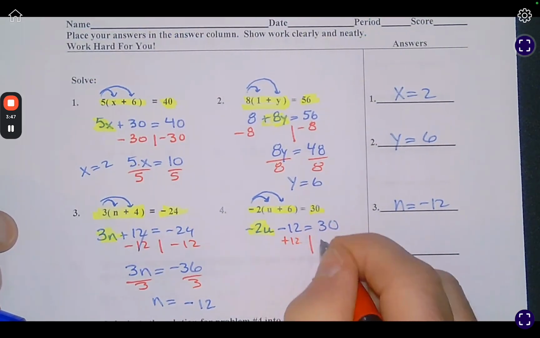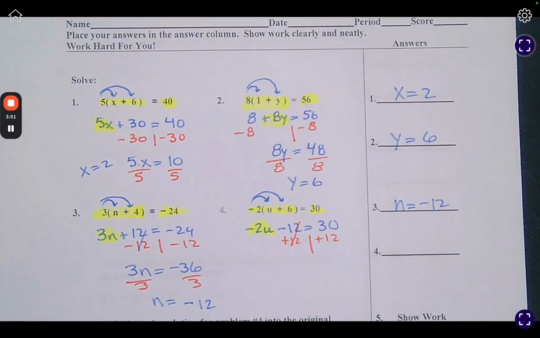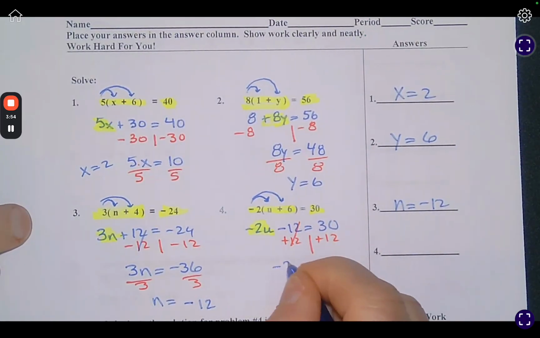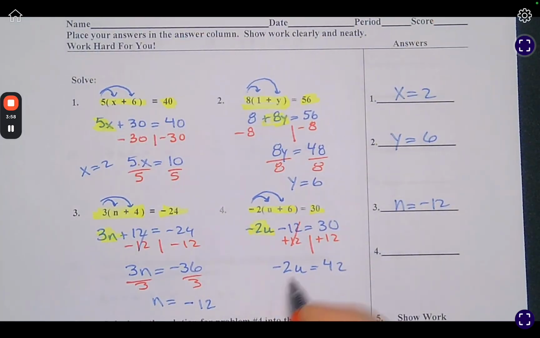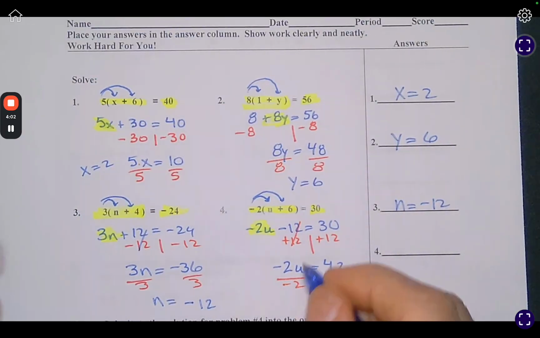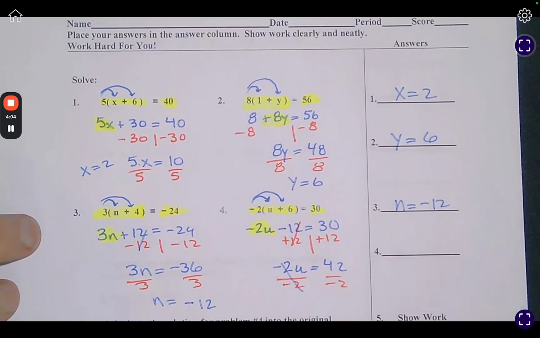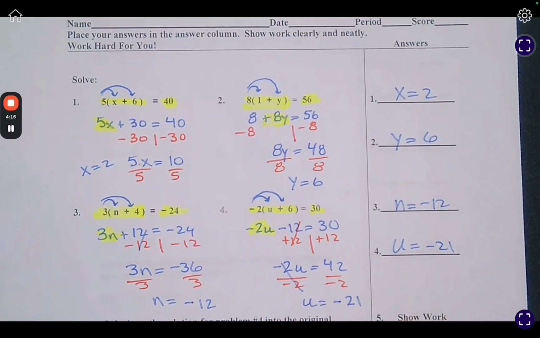Look how I line these things up when I do my inverse operations. Line them up. Make it easy on yourself. Now is equal to 42. Divide by negative 2. Divide by negative 2. Negative 2 divided by negative 2 is 1u equals positive divided by a negative is a negative. 2 goes into 4 twice. 2 goes into 1 once. So u equals negative 21.